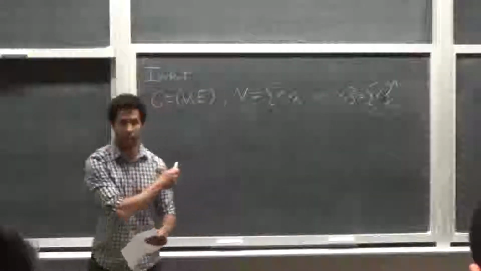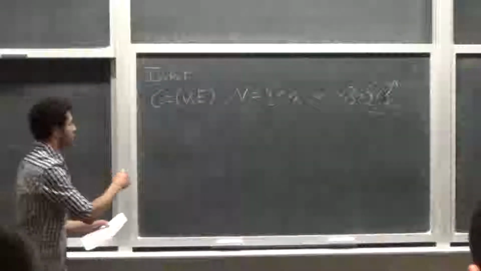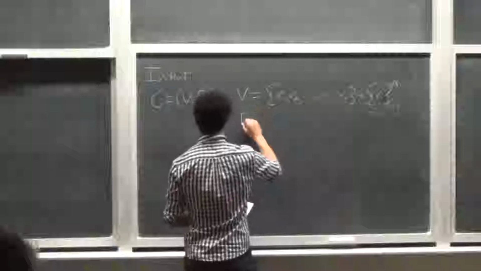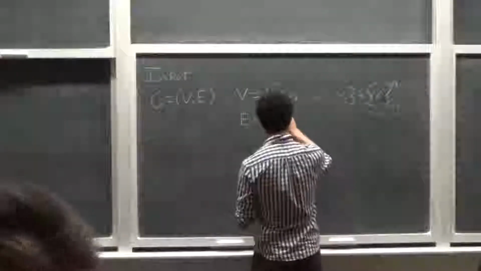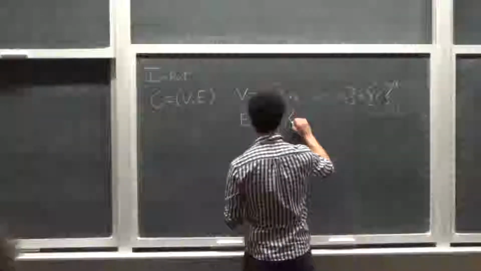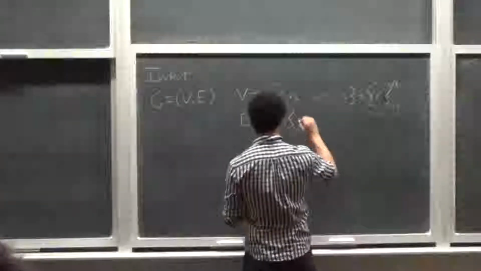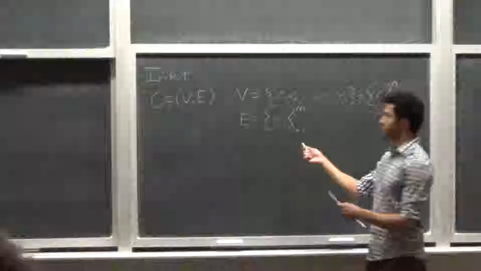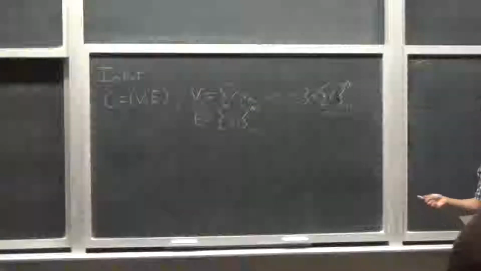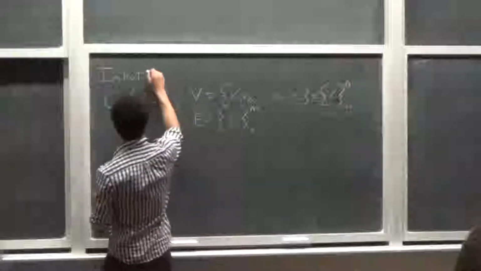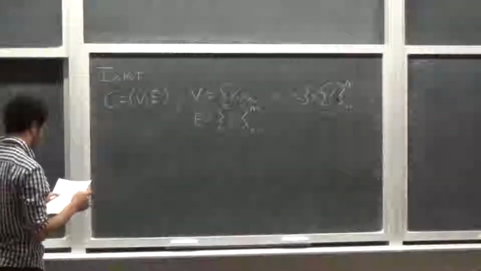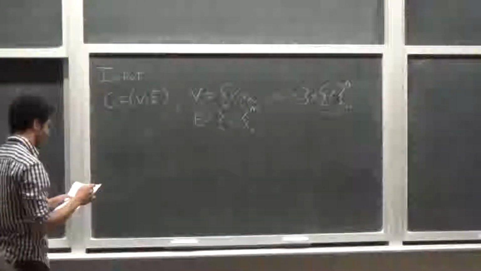So sometimes that's just way better than writing it all out. If it drives you crazy or you get confused by anything, just let me know. So following that logic, the set of edges can similarly be indexed by some j from 1 to m. Yeah, it's much easier. Same idea. So this is the input, and we have a goal.